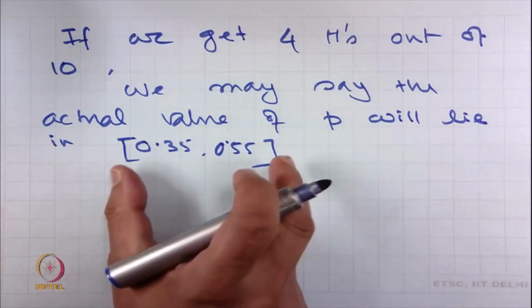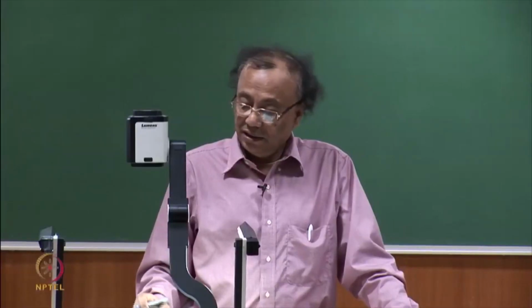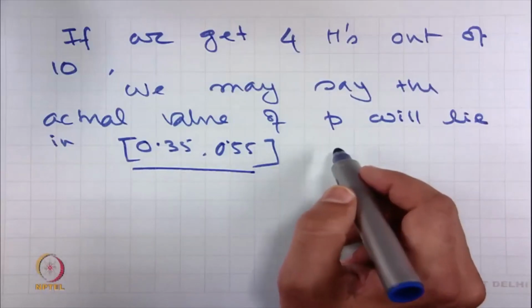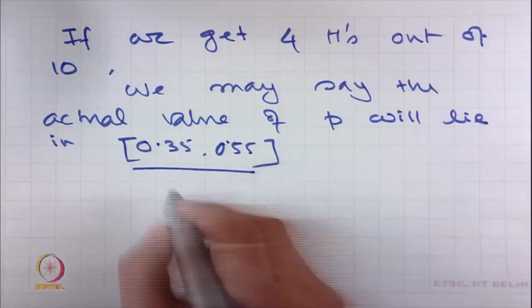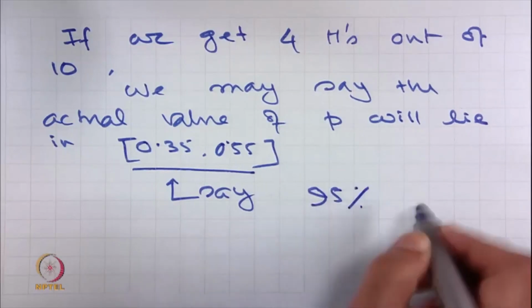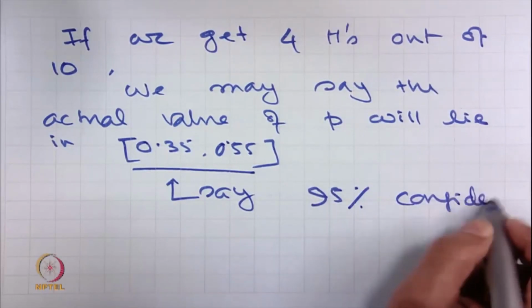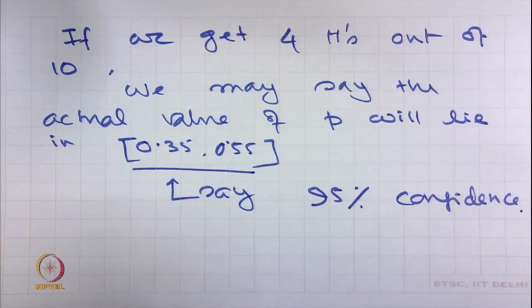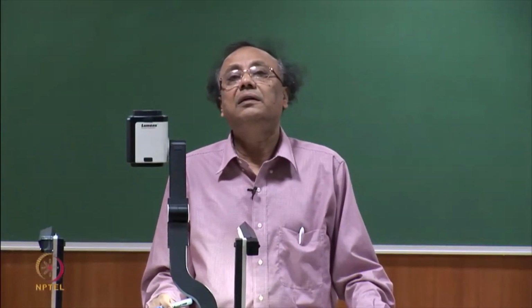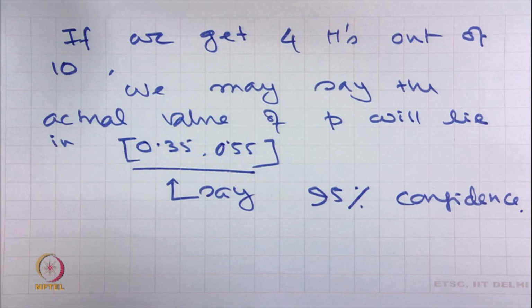So, we are giving an interval and we are saying that the value of the parameter will lie in this interval with a certain degree of confidence, say 95% confidence. When we present the result in this manner, we call it an interval estimation of the parameter. In the present talk, I will be discussing point estimation primarily.